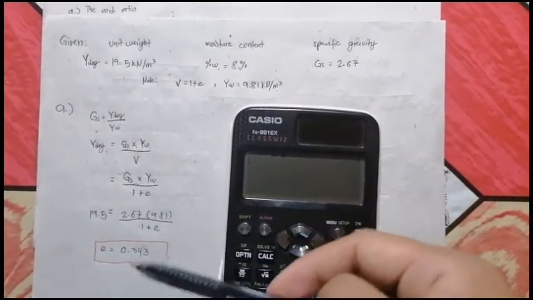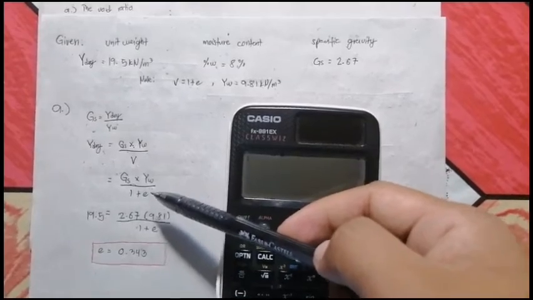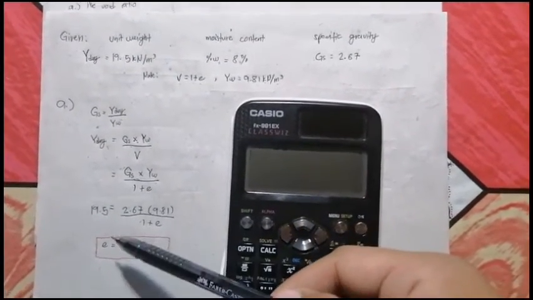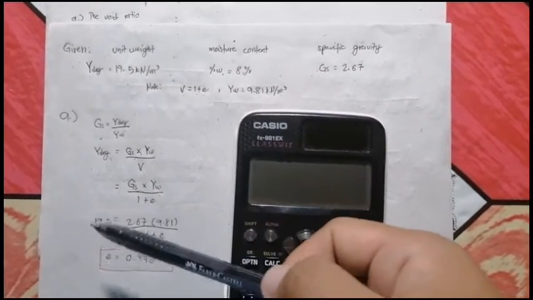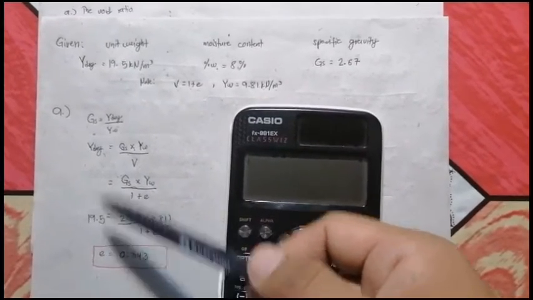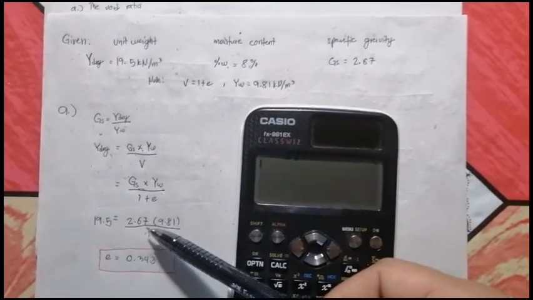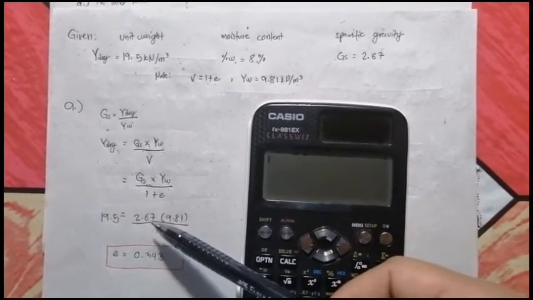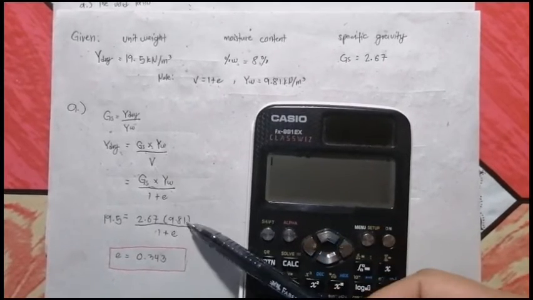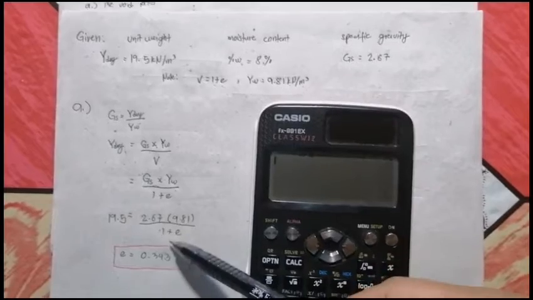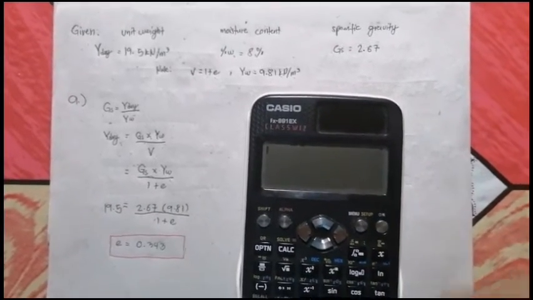Dyan, kukuha natin yung e, at yung e ang kailangan natin kunin. Substitute lang natin yung meron tayo: 19.5 for the dry unit weight, 2.67 sa specific gravity, 9.81 ang ating unit weight ng water. Tsaka, solve lang natin.